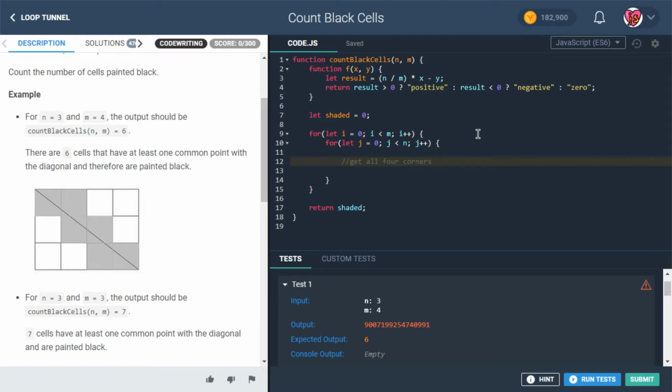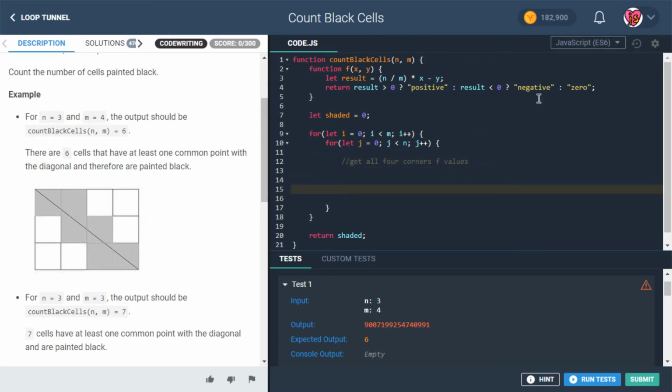So how are we going to do that? Get all the 4 corners' f values, I guess is what I mean. We're going to call the f function that we had above. And we want to see if they're all the same. So get all of their f corner values. Check if they're all the same. Okay, we'll do that. Cool.